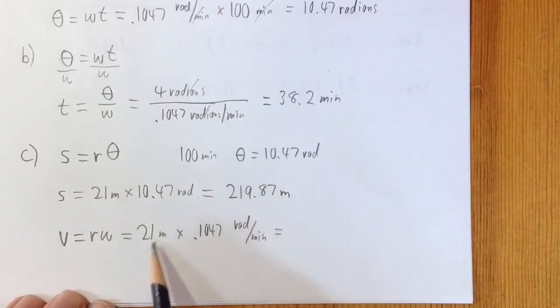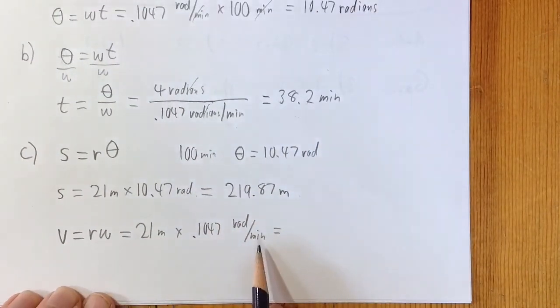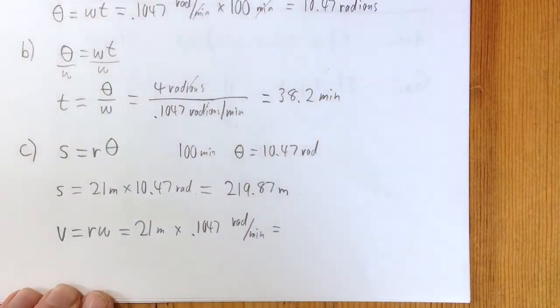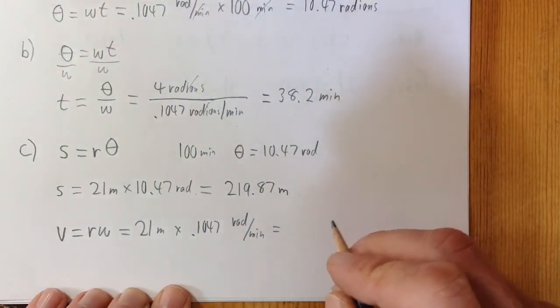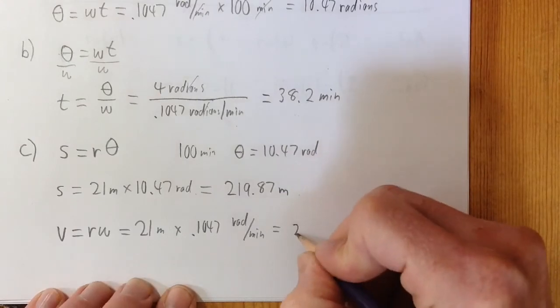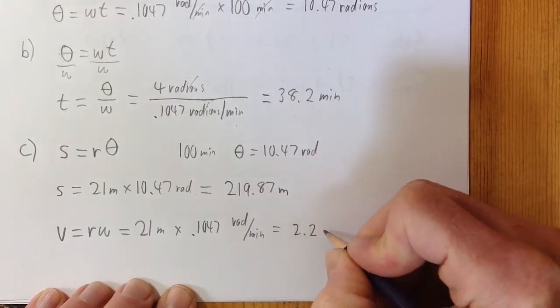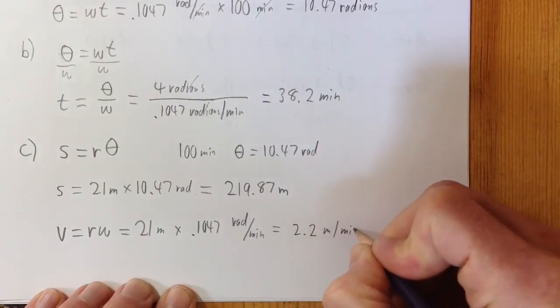So our units will be meters per minute, which, you know, whatever, we can use that. So 21 times 0.1047. I get 2.198, about 2.2 meters per minute.